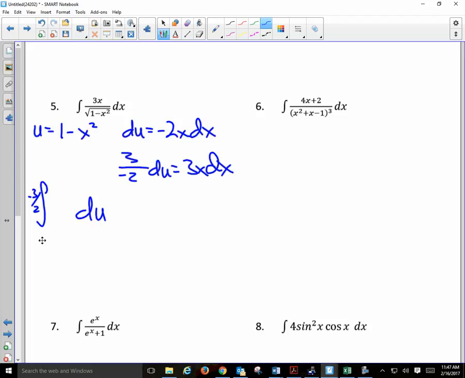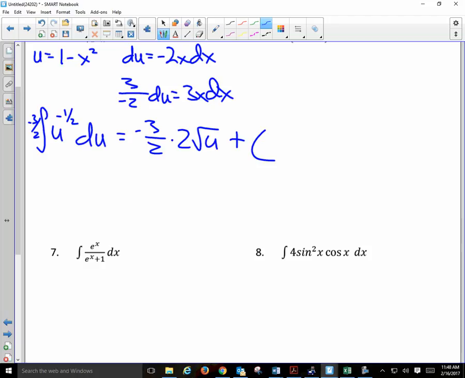What's left? 1 over the root of u, which is u to the negative 1/2. What is the antiderivative of u to the negative 1/2? Yeah, so I get negative 3 over 2 times 2 roots of u plus c.